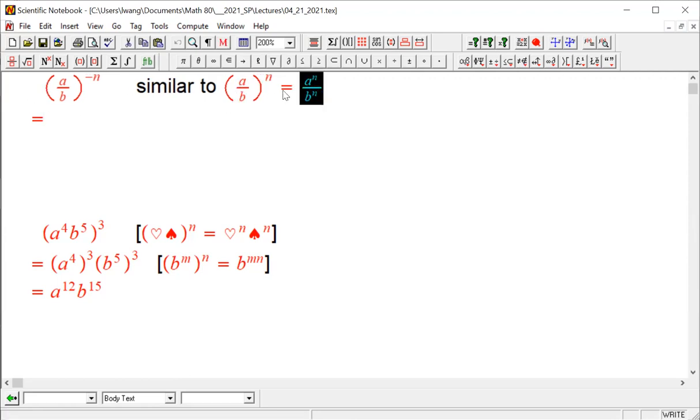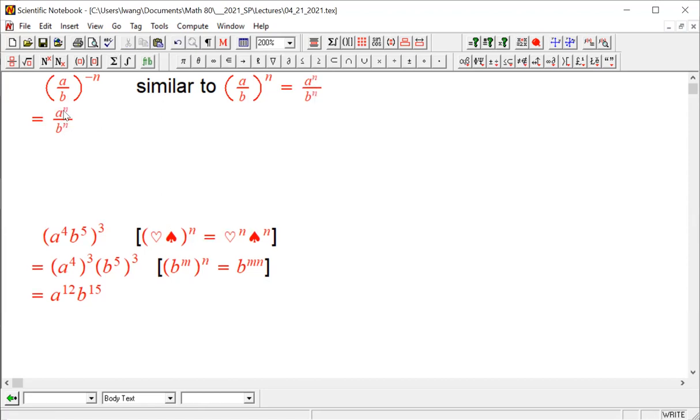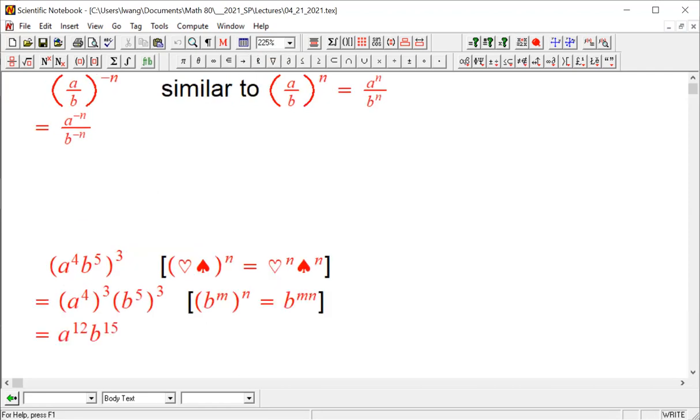So in this case, you're going to have a to the power of negative n. Can you see the negative sign there? Let me make it a little bit larger. Okay, 225%. So you see the negative sign.